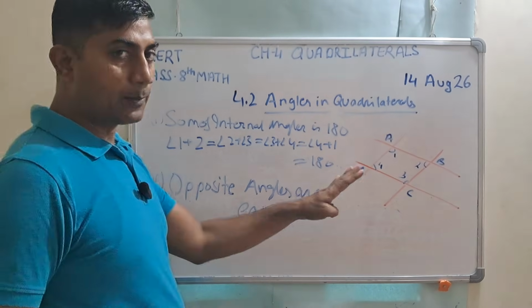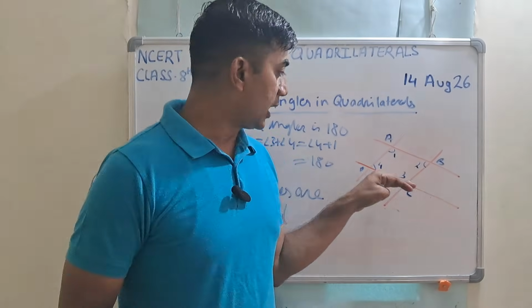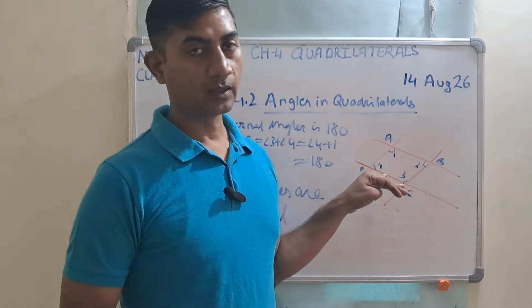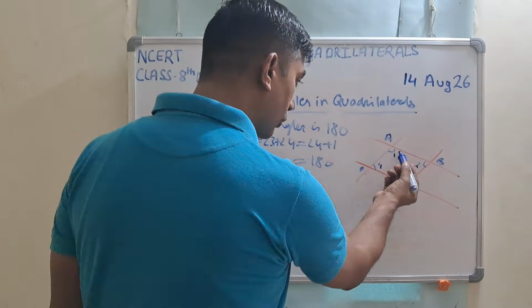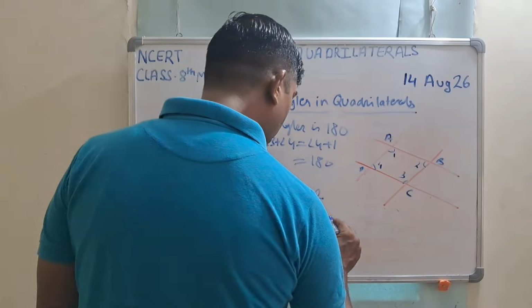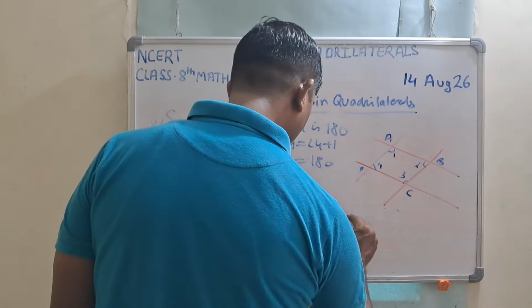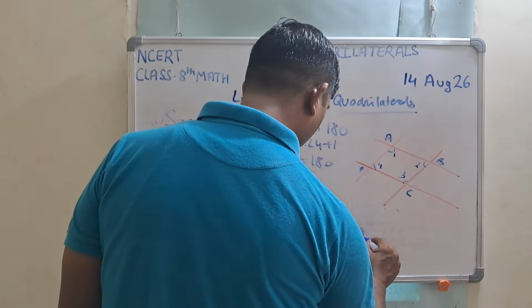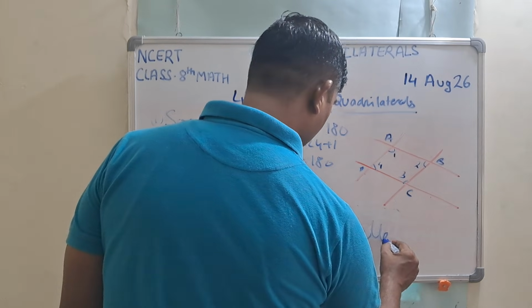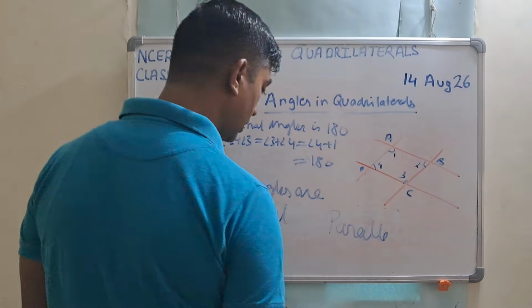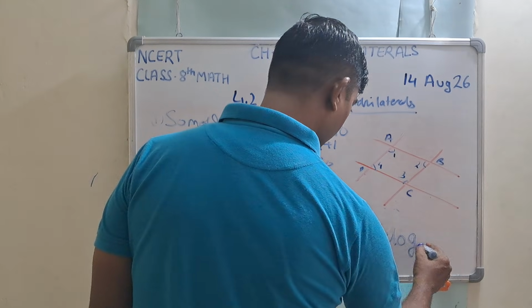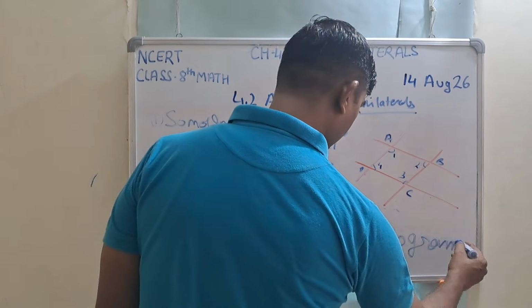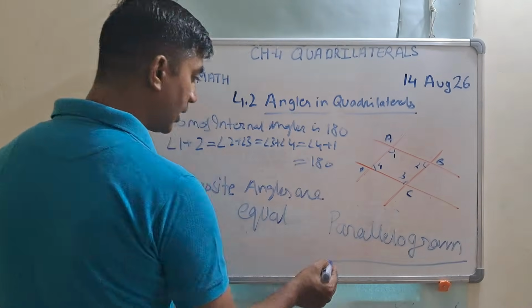So this type of figure has a particular name. What is the particular name of this type of figure? Since opposite sides are parallel, we call it a parallelogram.